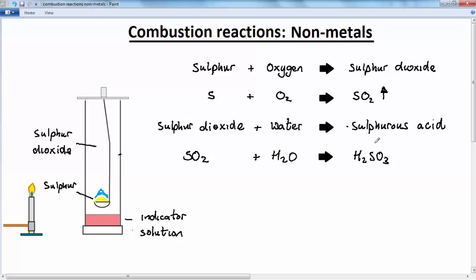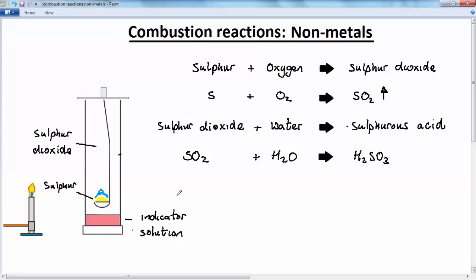What is important here, as we learnt with the metals, is that metals react with oxygen to produce a metal oxide, and metal oxides are in general alkaline. Well, non-metals react with oxygen to produce non-metal oxides, and these are acidic. So you get the same thing.